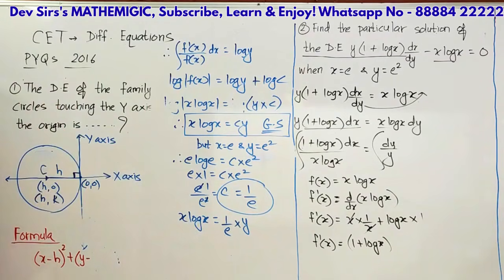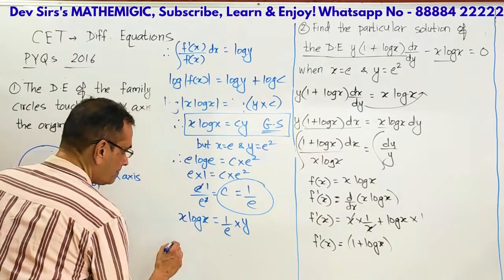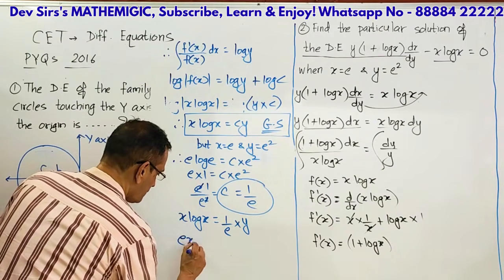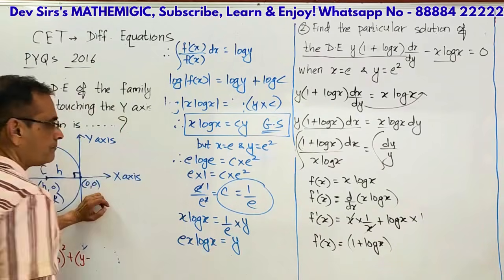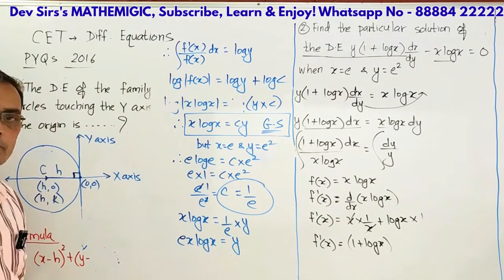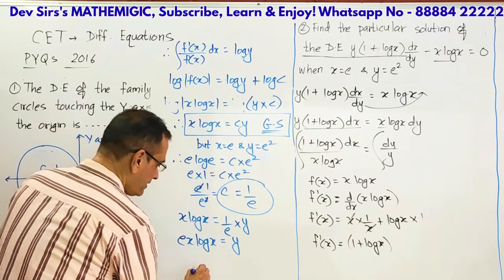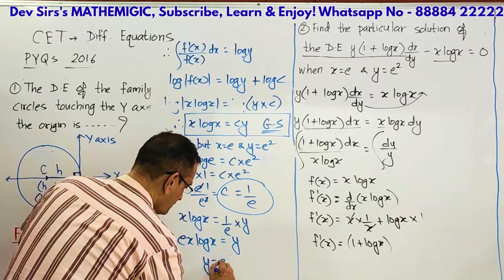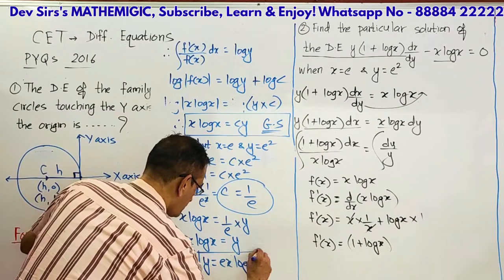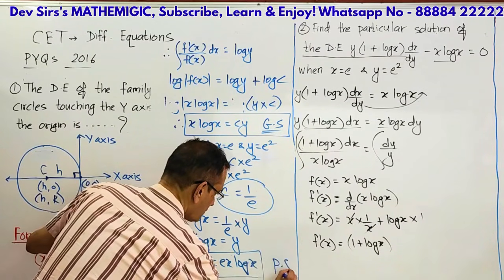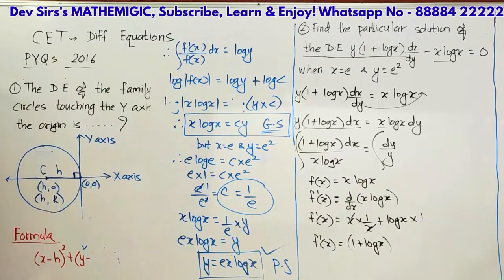One upon e into y. Cross multiply. E goes over here. So this is the option given. This is called as the particular solution.